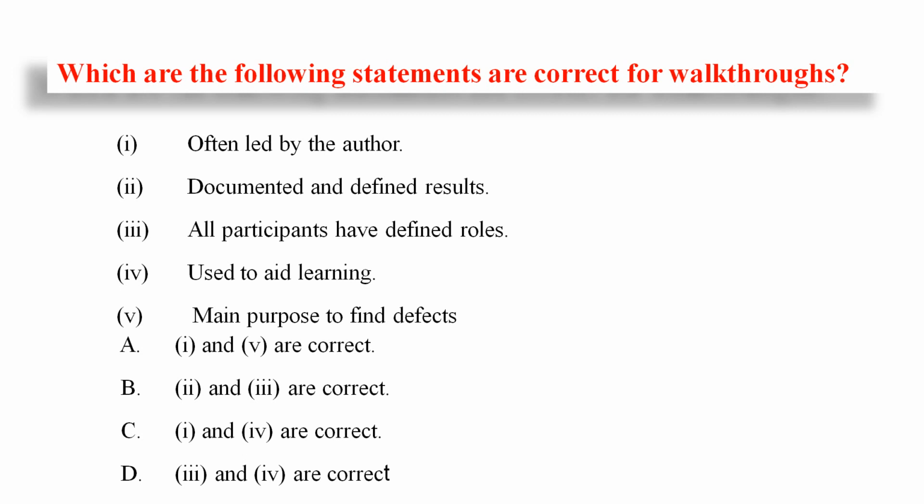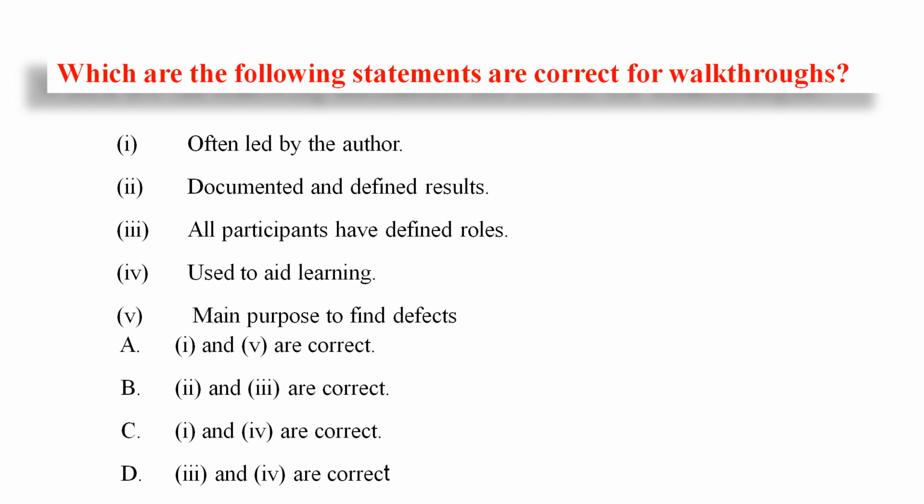A quick recap about walkthroughs: they will always be informal. There will be no planning. It is unofficial. There will be no fixed roles for this activity. Walkthroughs are mainly conducted by software developers on code, and they are done to aid learning, to learn about that document. This is about walkthroughs.